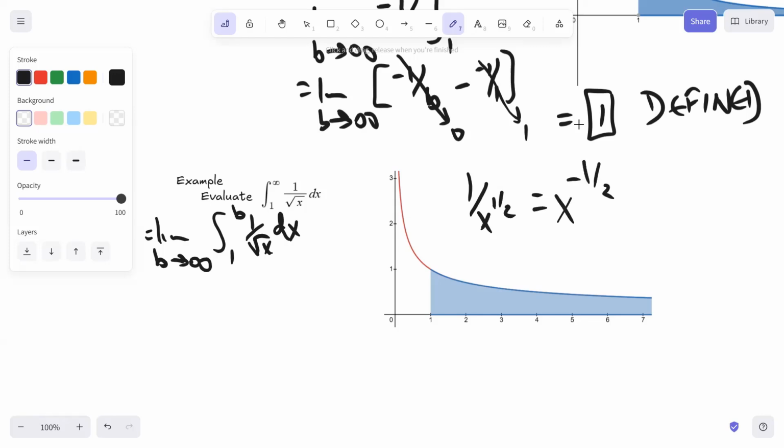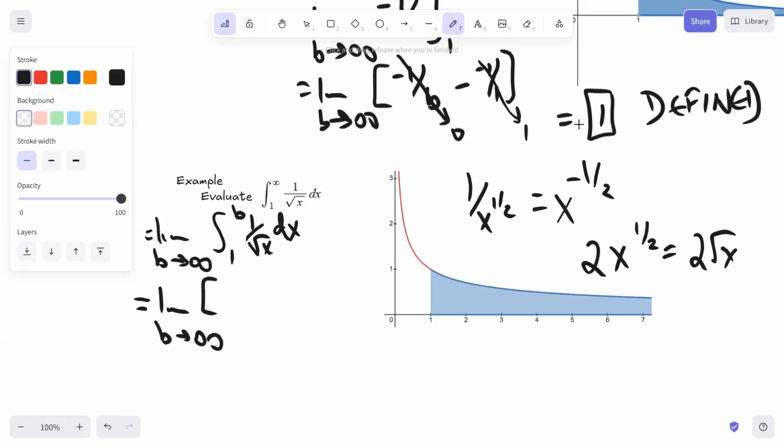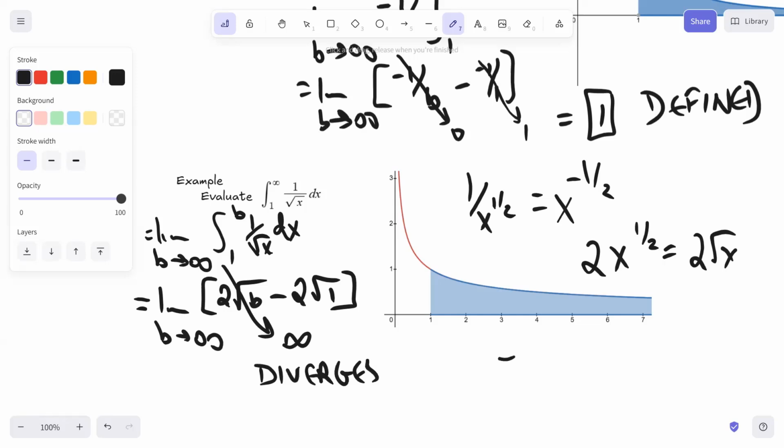And then if you anti-differentiate that, you add 1 to the exponent, multiply by the reciprocal of the exponent, and then you'd have 2 root x. So this is going to be the limit as b approaches infinity of 2 root b minus 2 root 1. And as b approaches infinity, this goes to infinity as well, and the integral diverges, so this area is not defined.